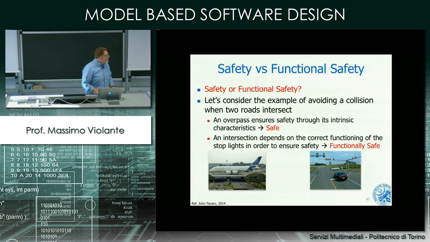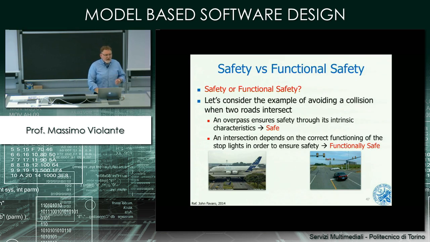This is an example of a functionally safe system. If the system behaves correctly, so no failure is harming the operation of the traffic light, the drivers can pass safely through this crossing.